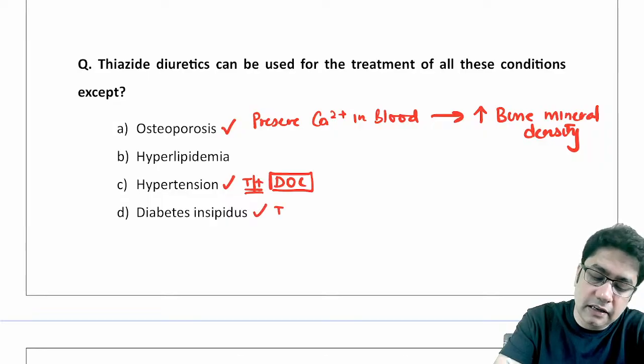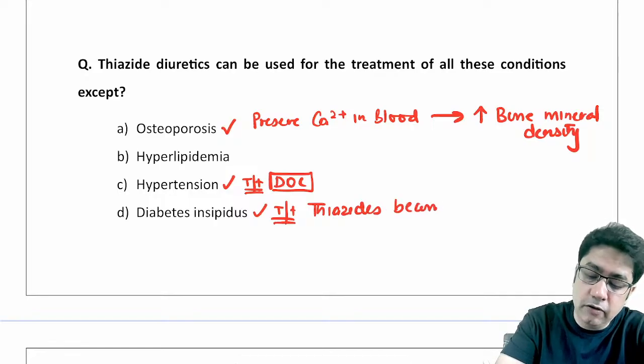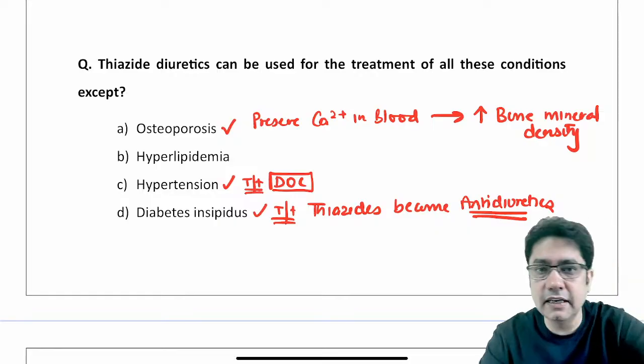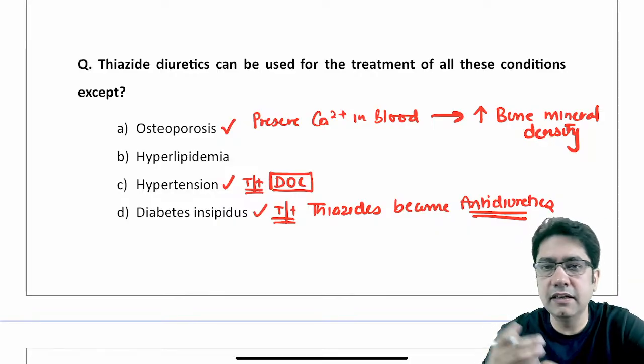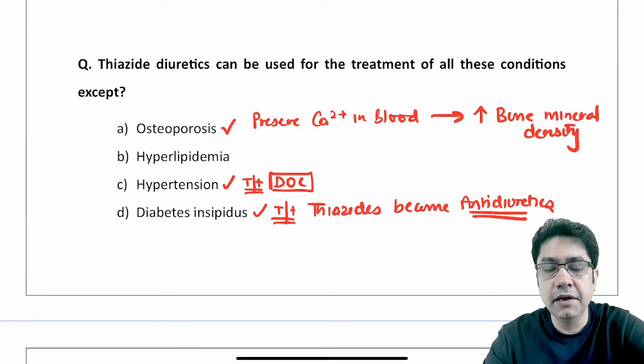They are also given in the treatment of diabetes insipidus because in diabetes insipidus, thiazide diuretics become anti-diuretic drugs. The reason is that in diabetes insipidus there is excessive water excretion into urine because ADH hormone is not working.